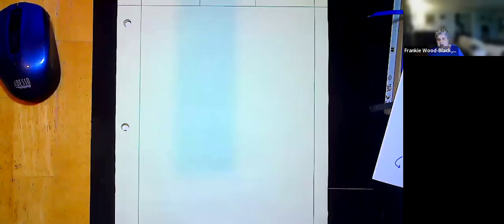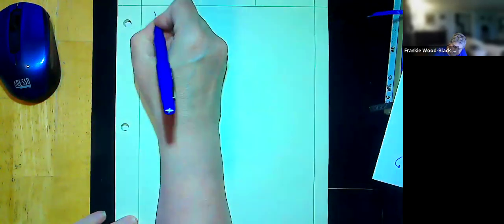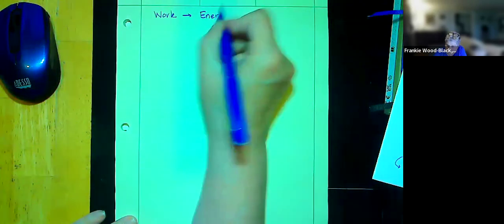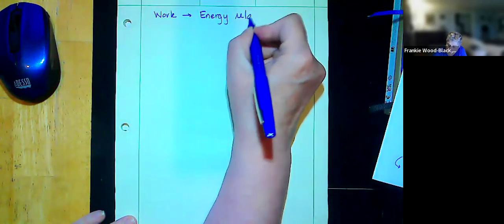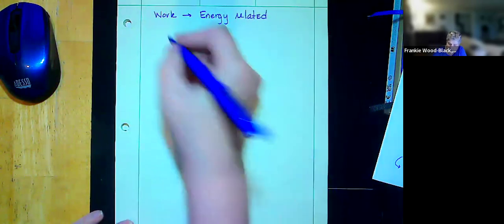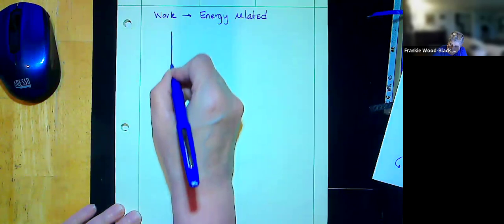So I do want to look at one thing when we're talking about work. We did say that work and energy are related, that energy is the ability to do work. So I'm going to do a graph here.